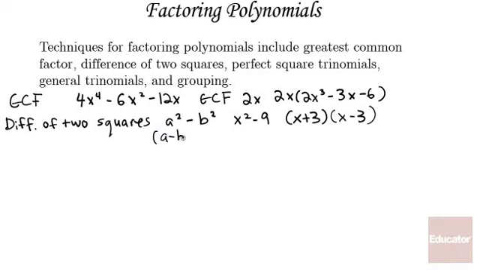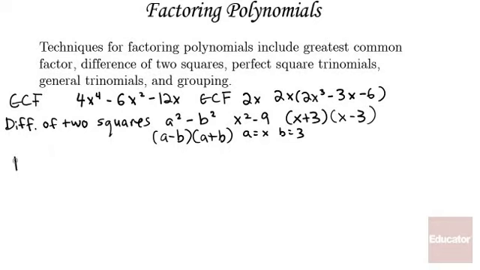So this factors into a minus b times a plus b. Here, a equaled x and b equaled 3: x squared minus 3 squared. In a few minutes we'll actually be talking about the difference and sum of two cubes, so we'll go a little farther than just working with squares.